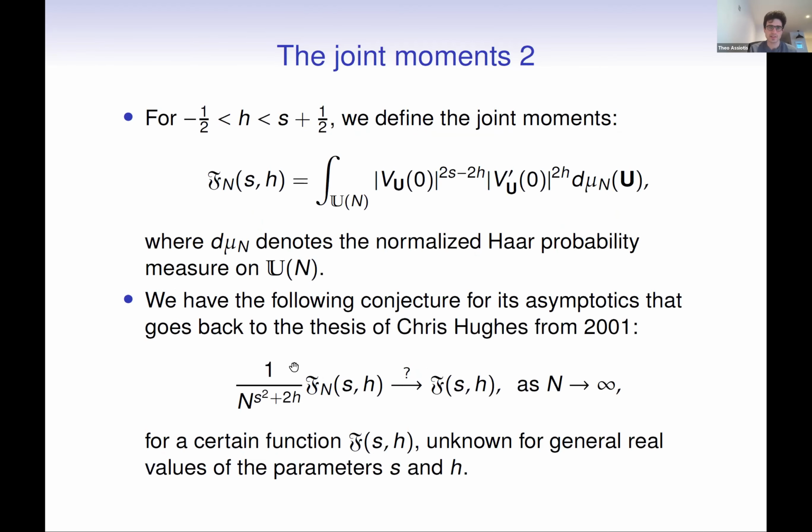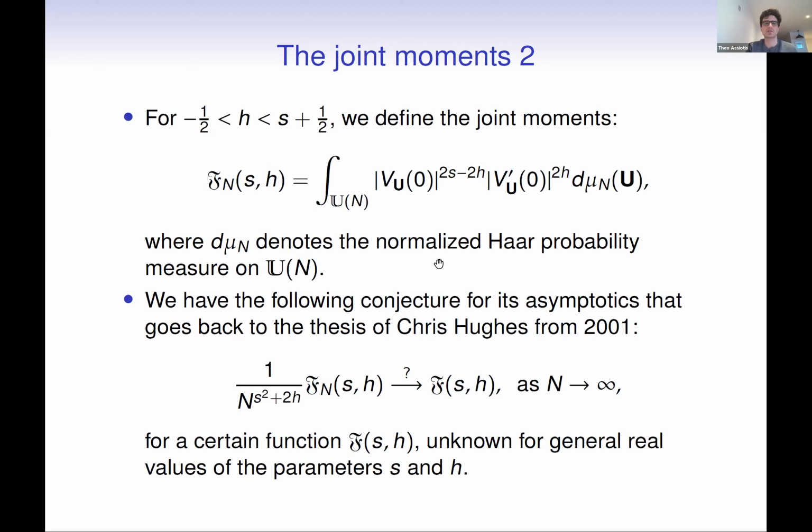And what I'm interested in are these things, F_{s,h}, which I call the joint moments. I'm taking the absolute value of this V, which is the same as that of the characteristic polynomial, at 0, and I raise it to the power 2s minus 2h, and then I'm also doing that with the derivative at 0 of V. I'm taking the absolute value and raising that to the power 2h.